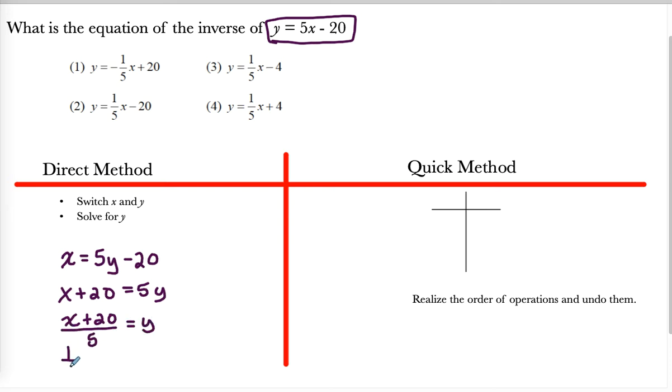Clean it up. And that's as quickly as I expect you to solve for y. That's an Algebra 1, if not pre-algebra skill. So we see that our answer is 4.